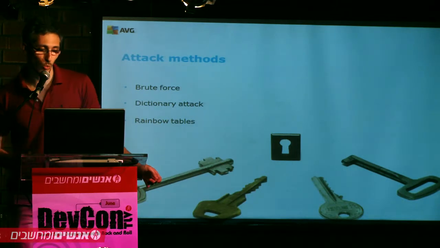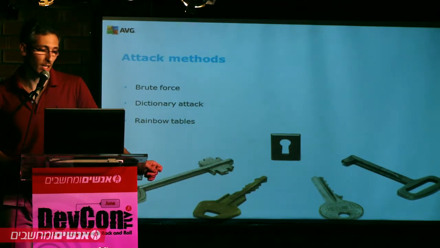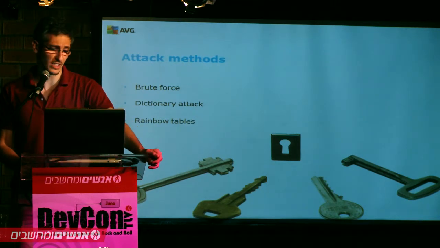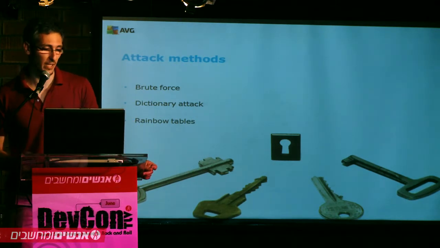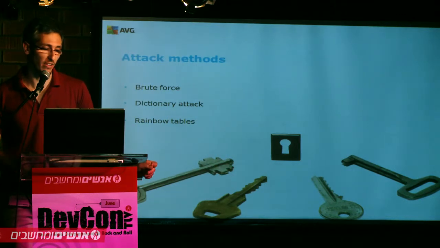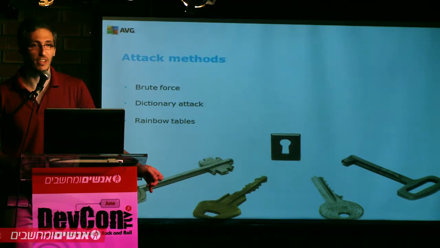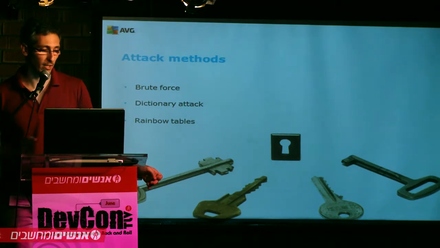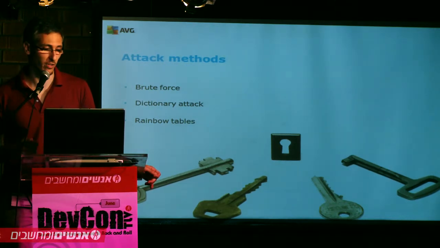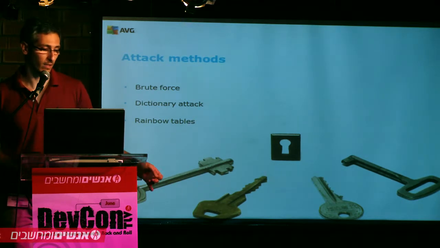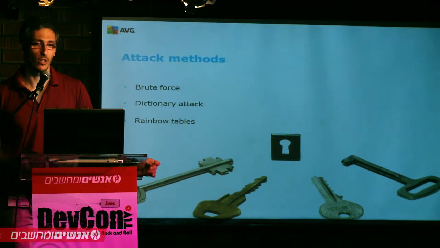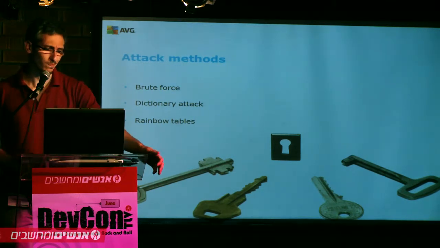An attacker would probably have a couple of options. One of them is brute force. A brute force attack means that an attacker will use every possibility within a given key space or password length, and he would just use all possibilities in order to find the right input for a given hash.